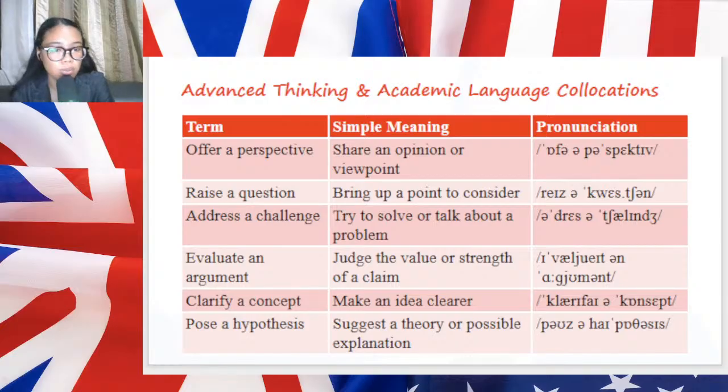In academic work, evaluation is a key step in critical thinking and writing because it allows you to distinguish between strong and weak arguments, as well as biases and unsupported claims. So this phrase signals analytical rigor and the ability to form well-reasoned judgments, that is, evaluate an argument.